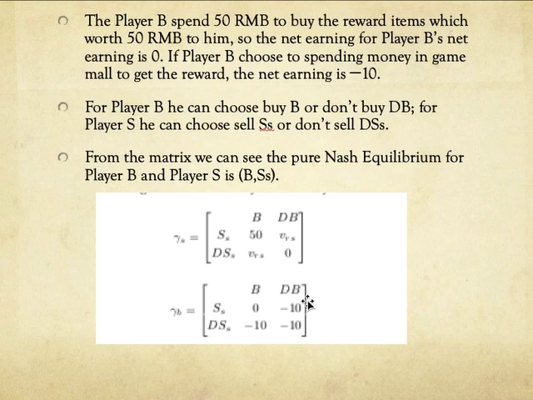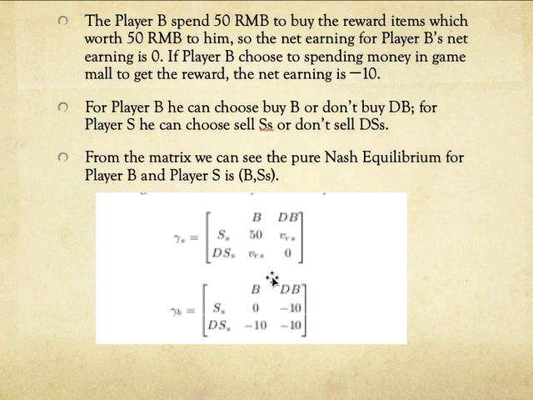So no matter whether player S sells or not, if player B chooses not to buy from player S, he will always lose 10 RMB spending money in the game to get those consumption rewards.